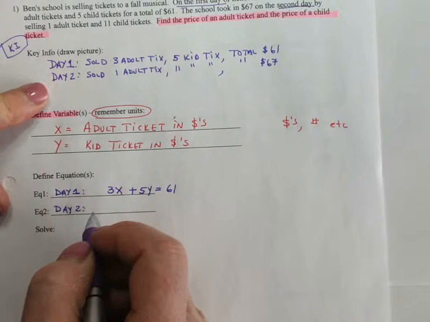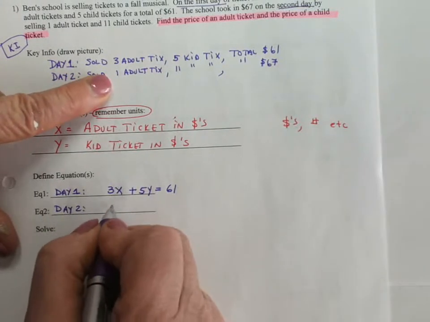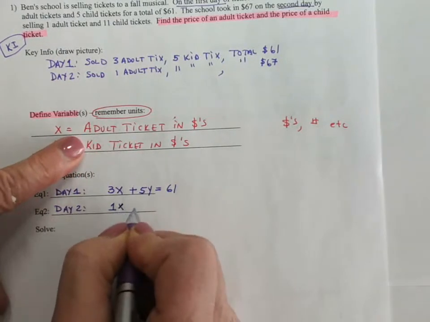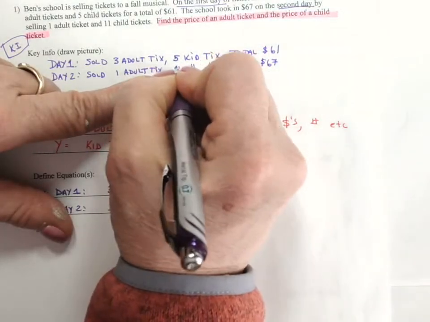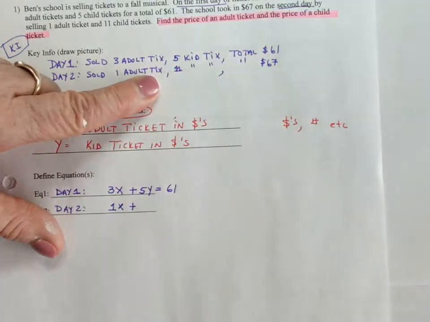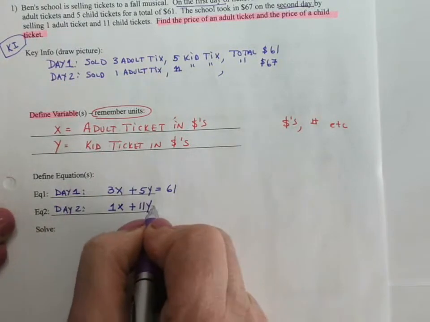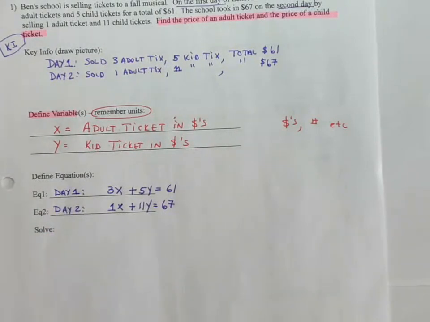The second equation is for day 2. You have 1 adult ticket plus 11 kid tickets, and you made $67.